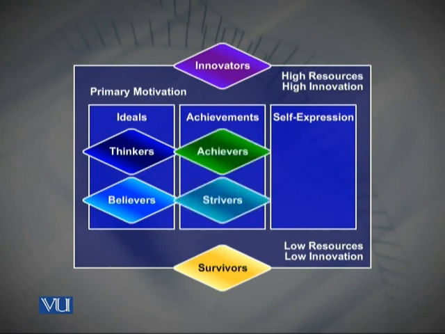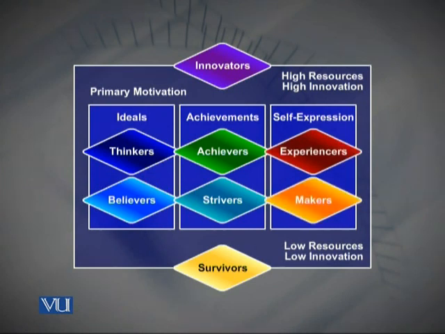The second one is the achievers frame. These people are more into achieving things. And the final frame is the self-expression frame, which means these people are more into expressing themselves through their purchase behavior. Now, going back to the overall frame, we find that there are more or less 8 groups of people which have been classified in this framework.